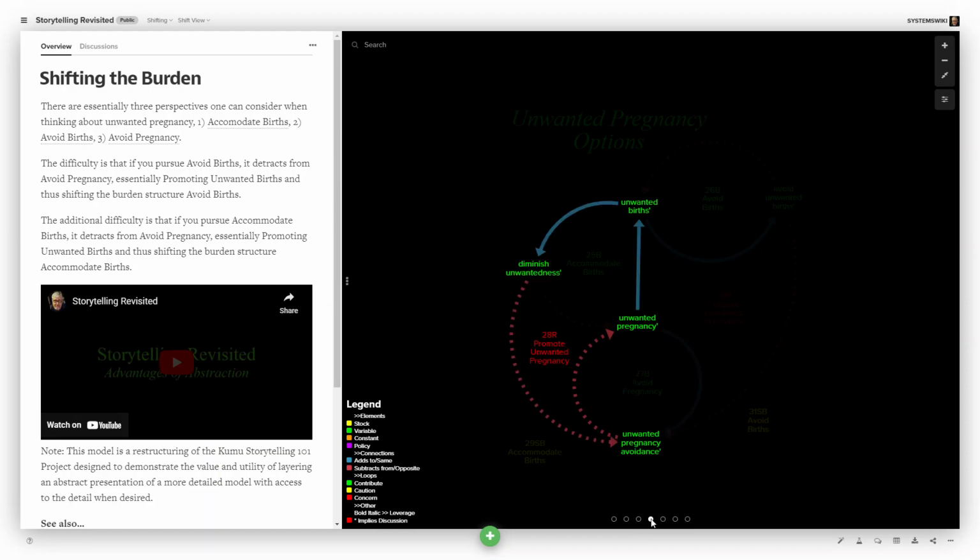And these two pieces, this piece and part of this piece, connect together to give you another vicious reinforcing structure that actually promotes unwanted pregnancy that you don't want. That's a situation that you don't want to improve upon. And these two go together, and it's actually a shifting the burden structure.